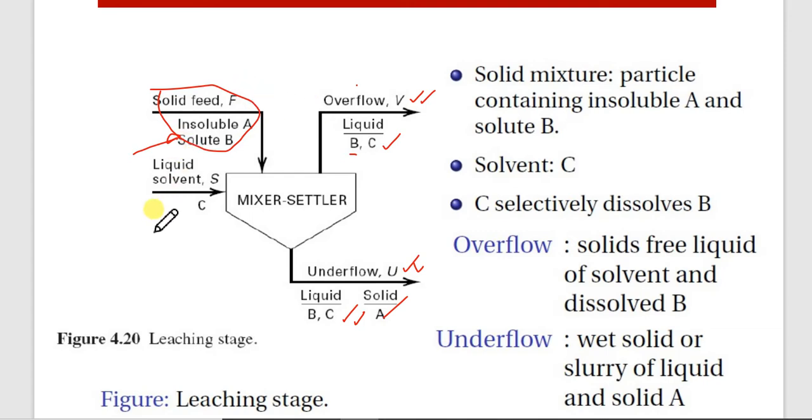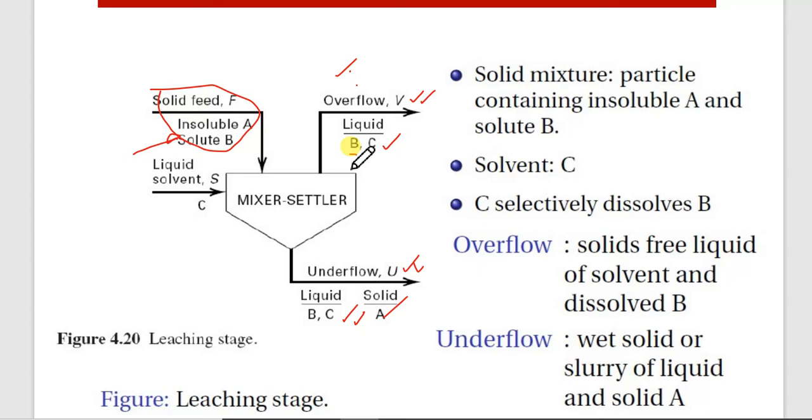You have feed, you have solvent. In overflow we don't have solid. There is no A, B and C only. The important concept here is the concentration, or the mass fraction, mass ratio, which in this case we define based on solid free.